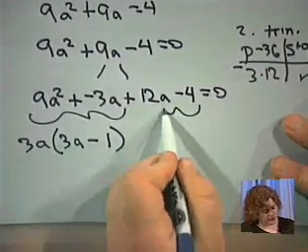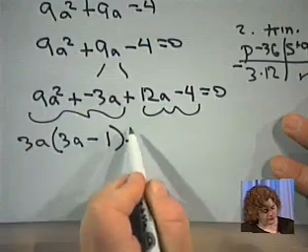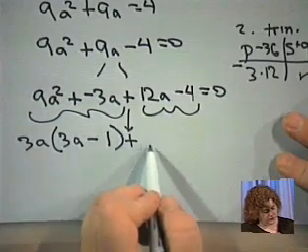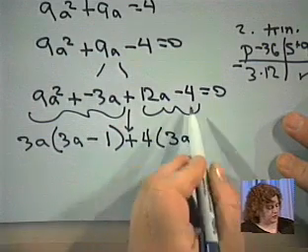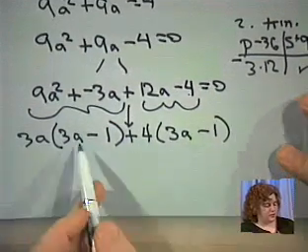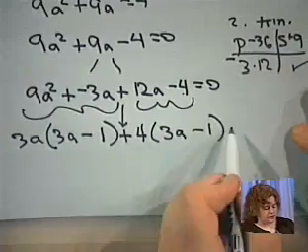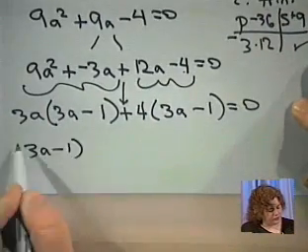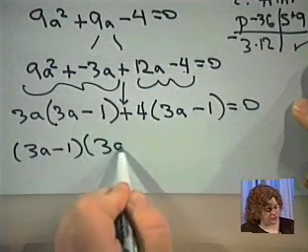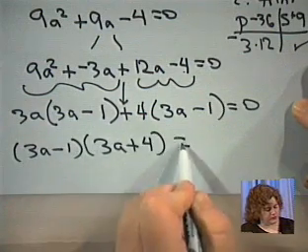And from here I can take out a 4. I'm going to bring down the addition symbol. 4, and I'm going to have a 3a dividing by 4 minus 1. The insides of the parentheses are identical, so life is good. Pulling out the 3a minus 1, we'll be left with 3a plus 4 equals 0.